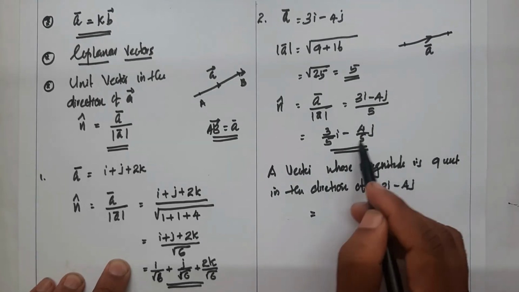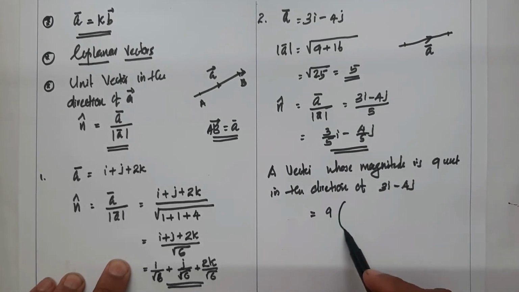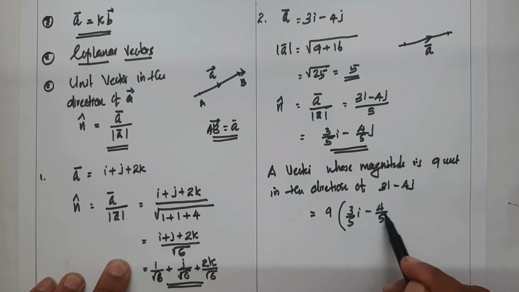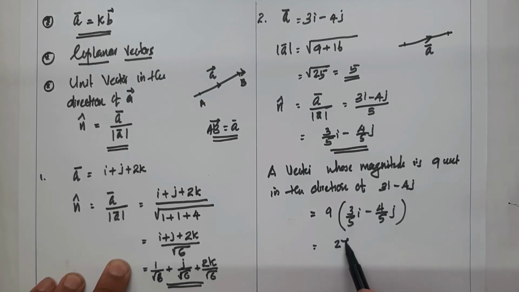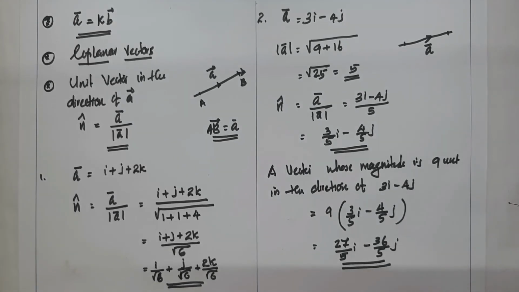This is a very important question. നിങ്ങൾ യൂണിറ്റ് വെക്ടറിനെ 9 കൊണ്ട് ഇൻറ്റു ചെയ്താൽ, that is 9 into 3 by 5 into i minus 4 by 5 into j, is equal to 27 divided by 5 into i minus 36 divided by 5 into j. We get the modulus value of this vector as 9. That's all. First of all, you convert a given vector into a unit vector, then multiply by 9.